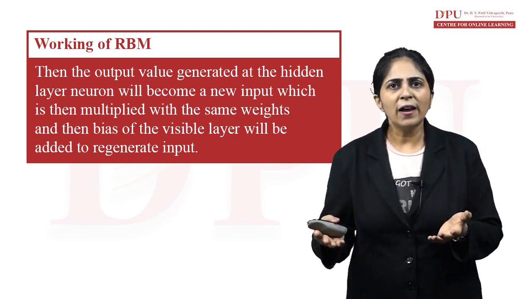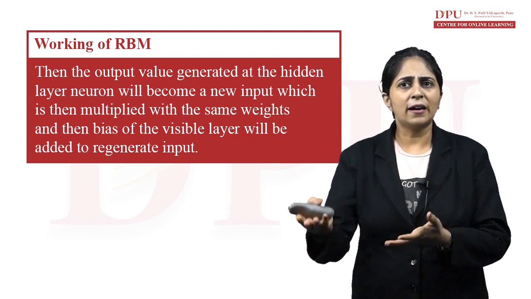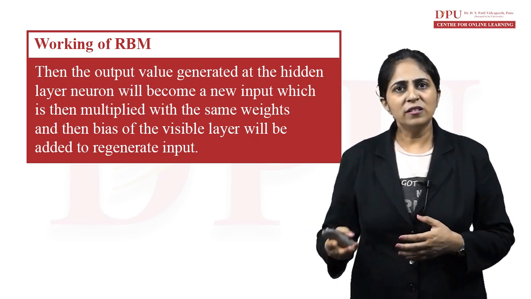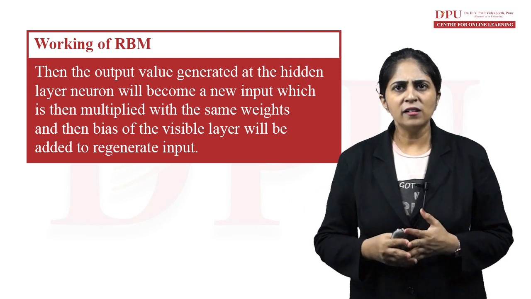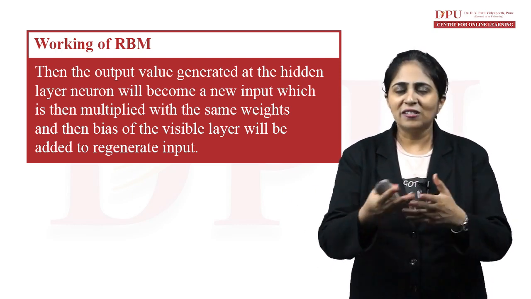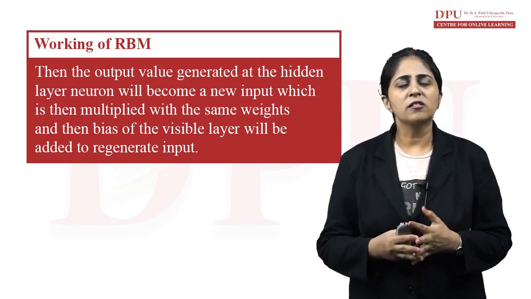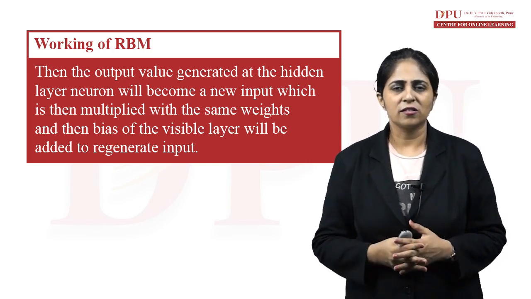Then the output values generated at the hidden layer become the new input, which is again multiplied with some weights, and then the bias of the visible layer is added to generate the input. This basic process is called reconstruction, or we can say backward pass.